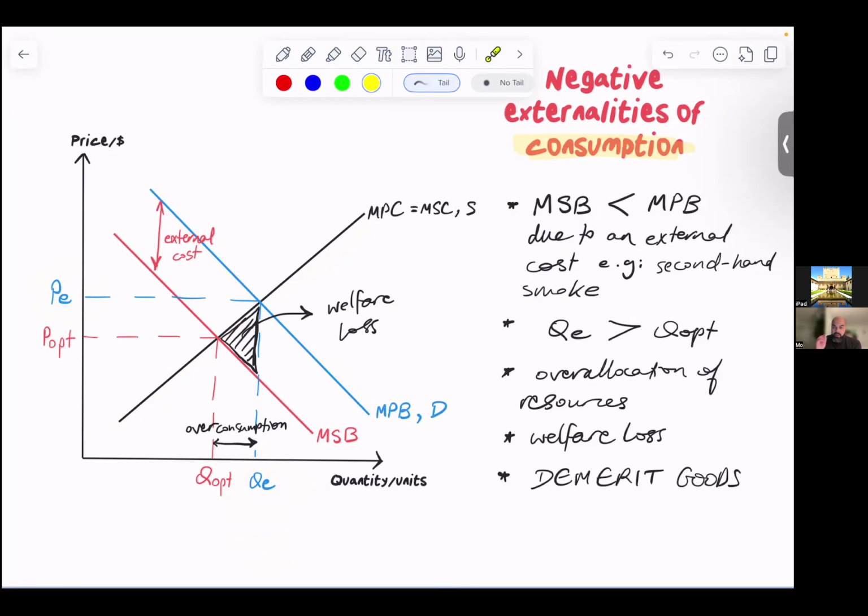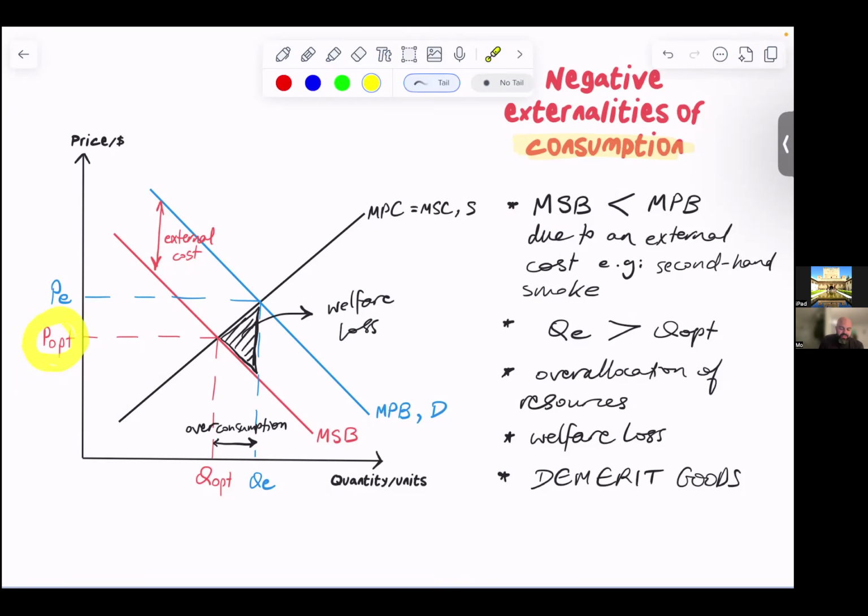Now the intersection of MSC and MSB is what gives us the point of allocative efficiency. This is what the market should be producing. This is the quantity Q opt that the market should be producing if it was allocatively efficient. And this is the price that truly reflects the benefit to society.